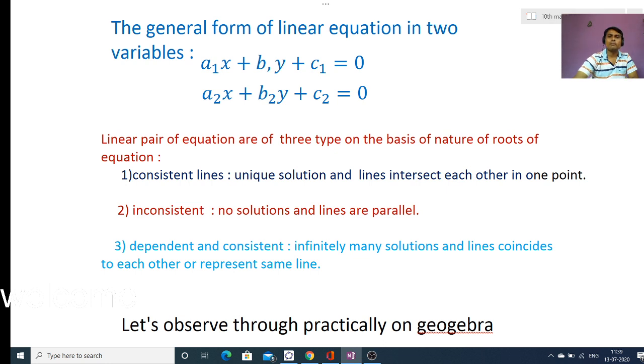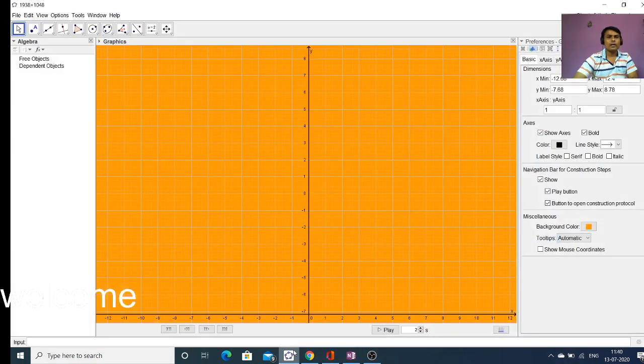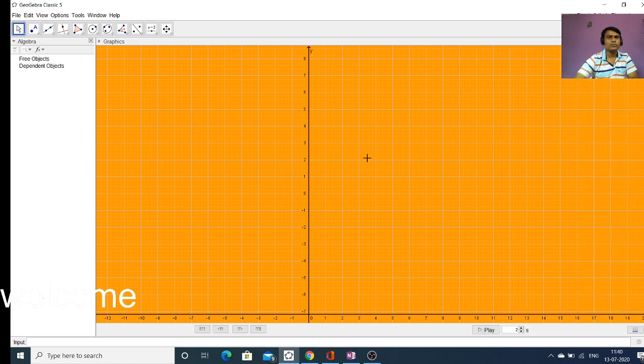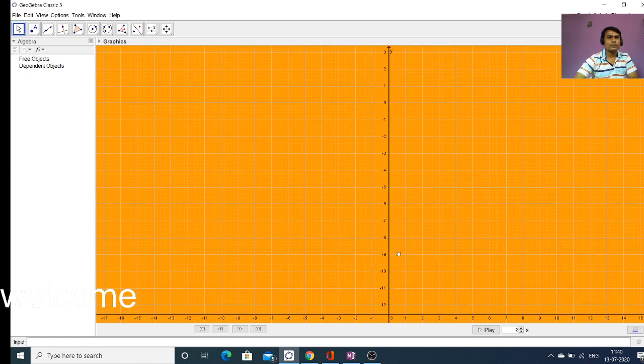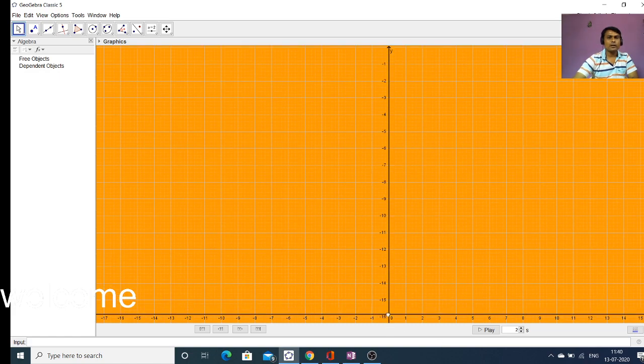Let's observe this practically on GeoGebra. I'm going to show what consistent lines are, what inconsistent lines are, and what dependent and consistent lines are. We go to GeoGebra. Now this is the GeoGebra interface.